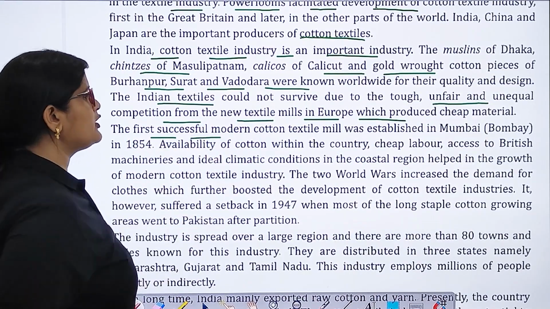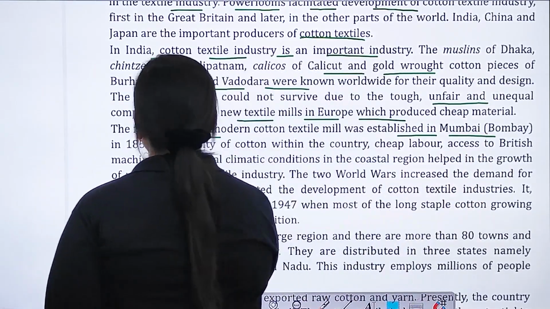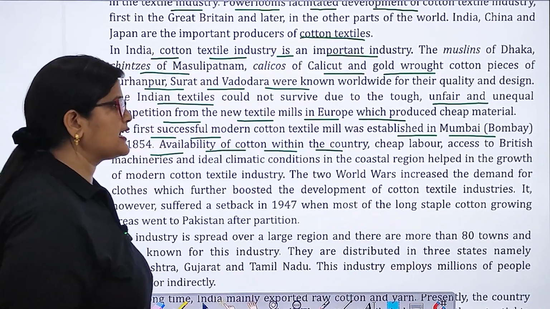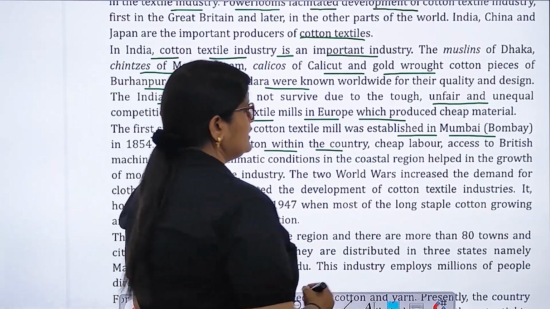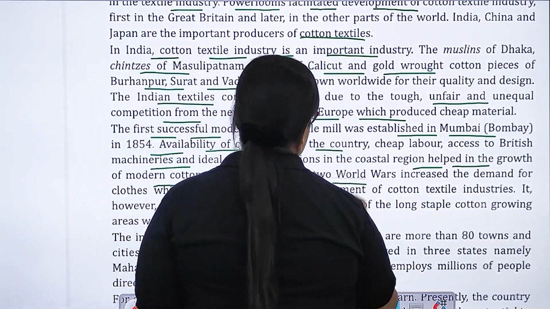The first successful modern cotton textile mill was established in Mumbai in 1854. Availability of cotton within the country, cheap labor, access to British machinery and ideal climatic conditions in the coastal region helped in the growth of the modern cotton textile industry.